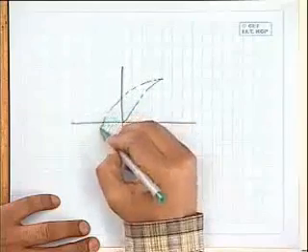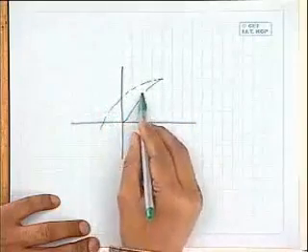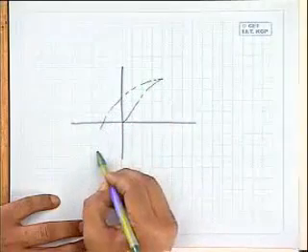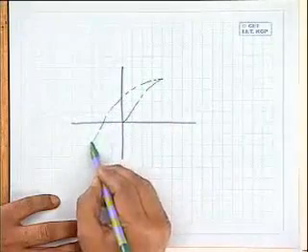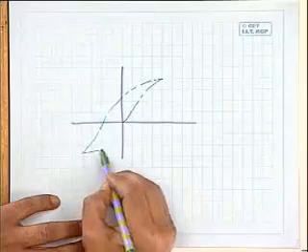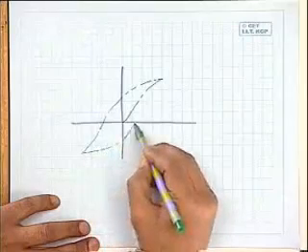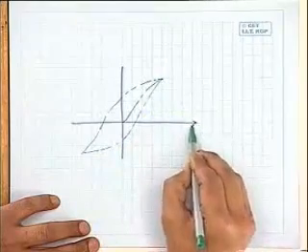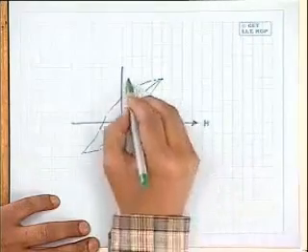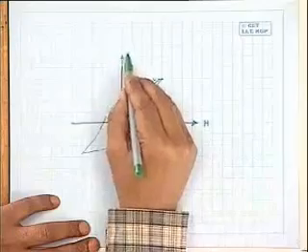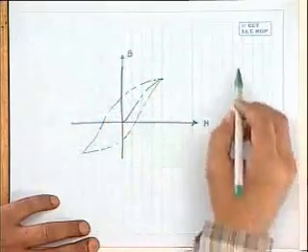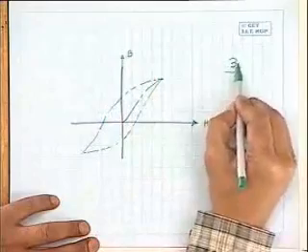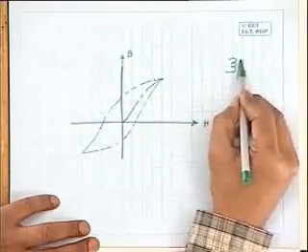This you know, I am sure. It will be somewhat like this. This is H, and this is B.